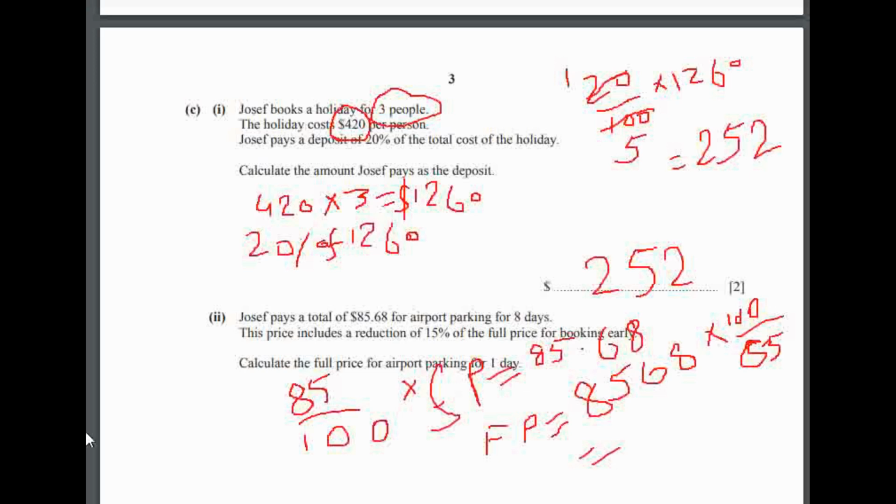So this is 100.8, and this is for 8 days. For 1 day we will divide it by 8. When we divide it by 8, it comes out to be 12.6.